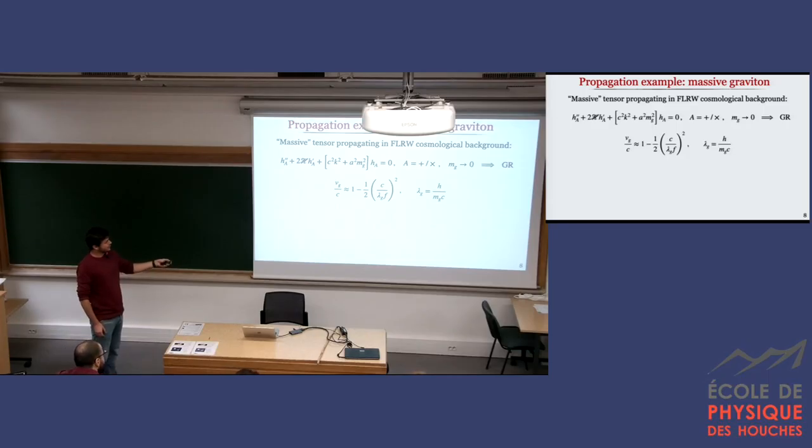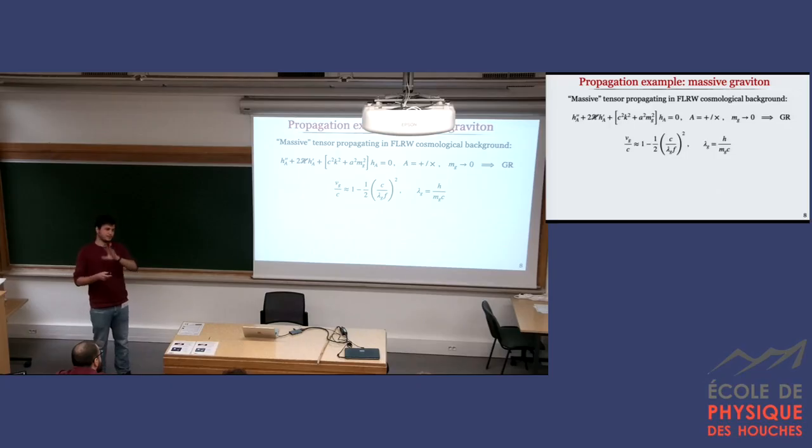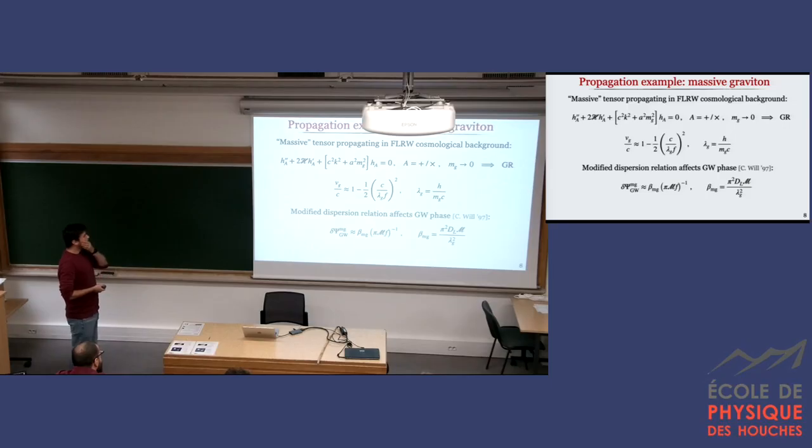So this term goes to 0, and you end up with velocities that are equal to c, like you have in normal GR. But in this case, different parts of your wave will propagate with different speeds, so you will see a dispersion with respect to what you will see in pure GR.